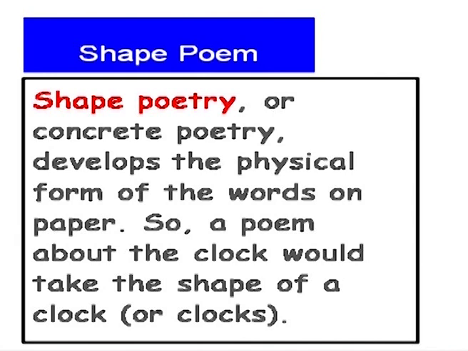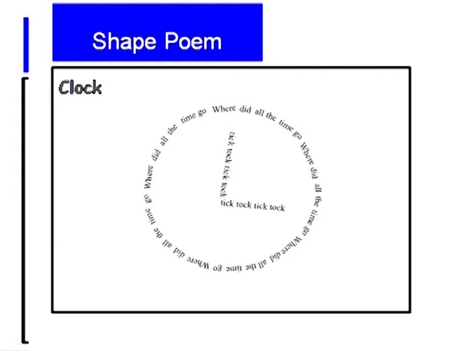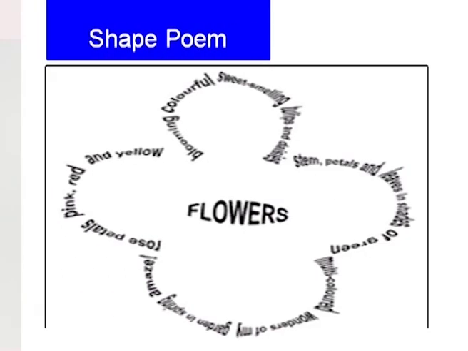Look at the picture very carefully. This is the shape poem. It has a clock and the content is all about the clock. It is the shape poem. Look at another picture. It is the shape of a flower and the poem is about the flower.